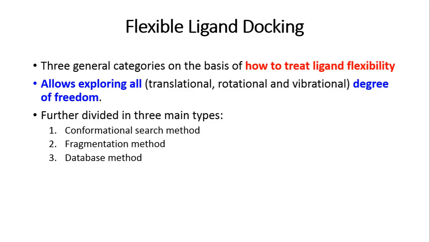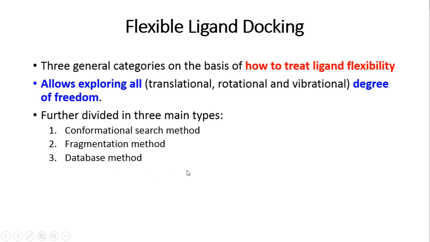Okay, so now if you consider ligand flexibility, what you are doing is that you are allowing it to explore all degrees of freedom, that is translational, rotational and vibrational as well. Okay, so in the previous case we were not considering vibrational degrees of freedom. So now, based on how ligand flexibility is handled, you can divide these software or algorithms into three main categories: conformational search method, fragmentation method, and database method.